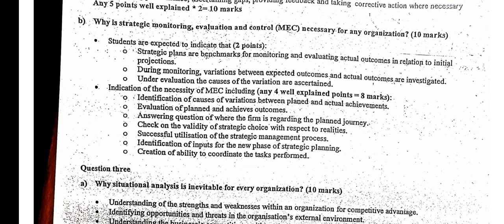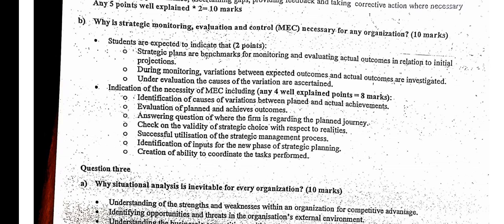During monitoring, variations between expected outcomes and actual outcomes are investigated, and under evaluation, the causes of the variations are ascertained. So you are supposed to first define strategic monitoring, strategic evaluation, strategic control. Then you go ahead and give what they asked for in the question.